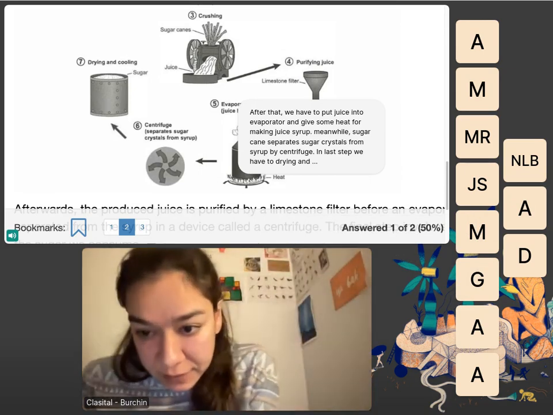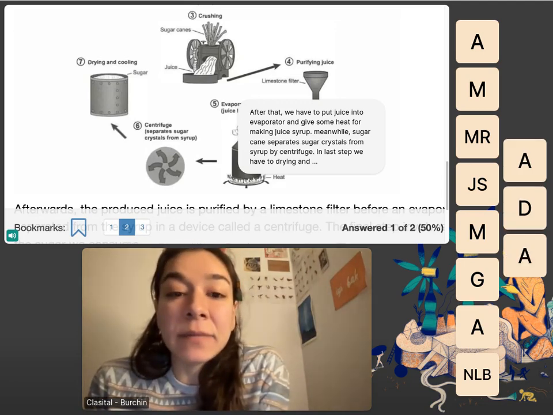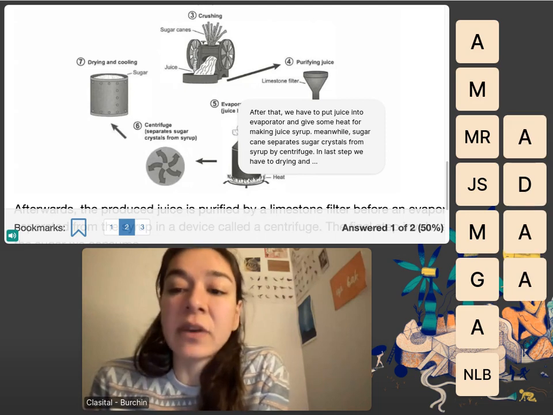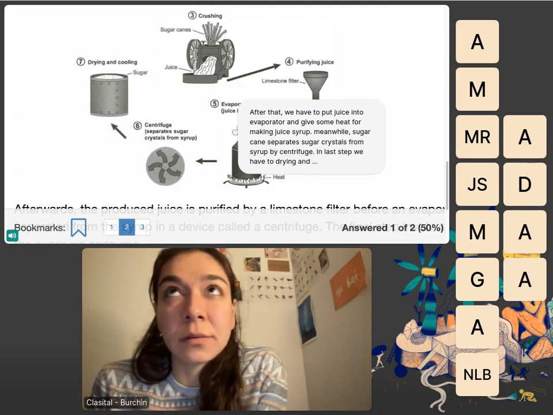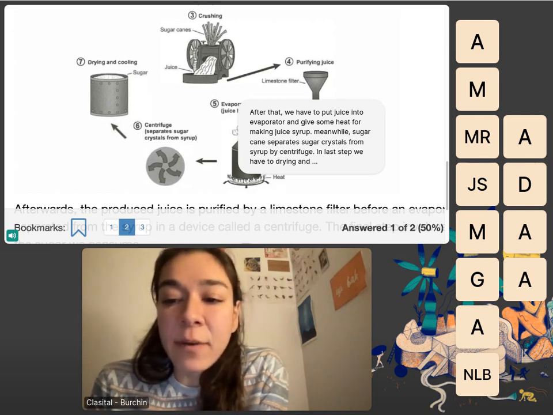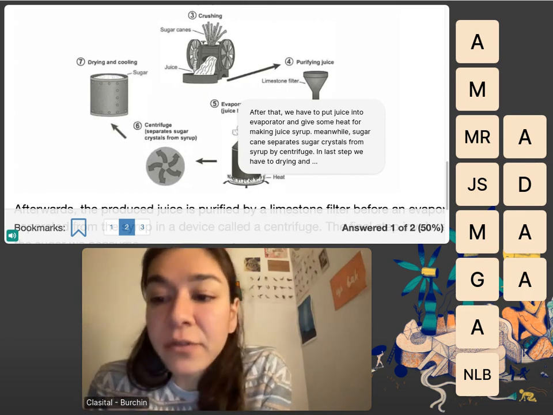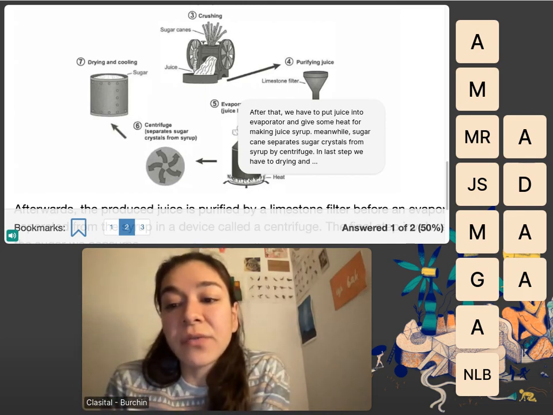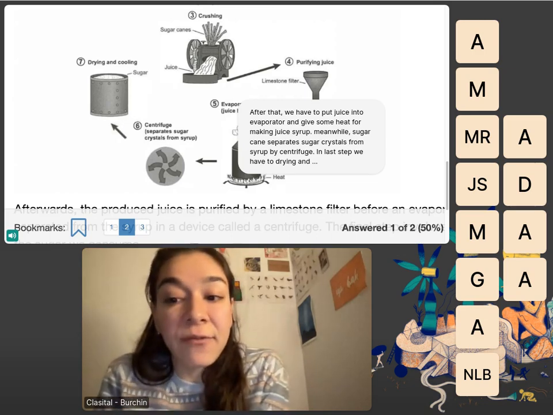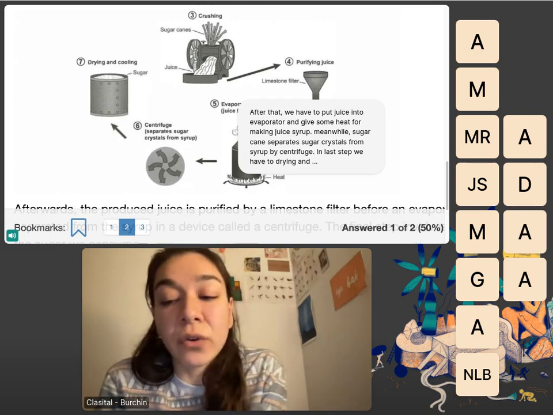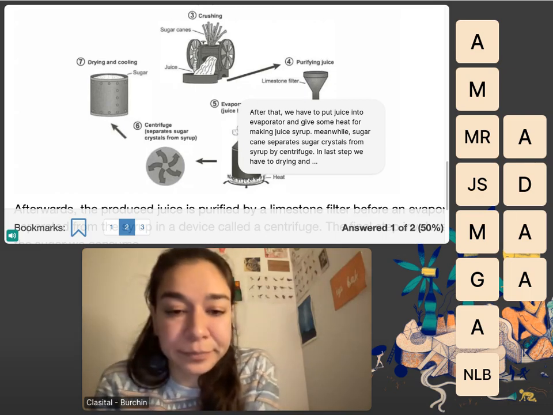Abdullah says, after the extraction of juice, it is purified using a limestone filter. That's very good. The purified juice is then evaporated to syrup form. Afterward, the centrifuge is used to separate the sugar crystals from the syrup, and finally, very good, it is cooled down to make the final product, sugar.